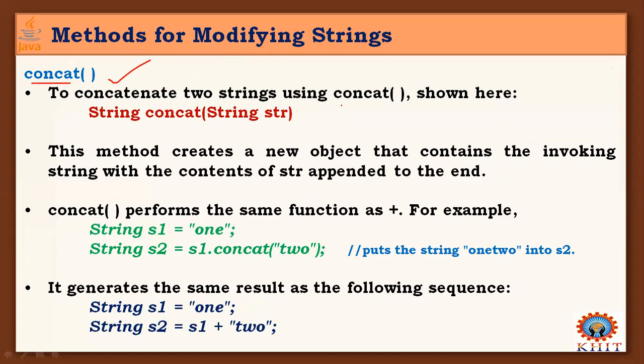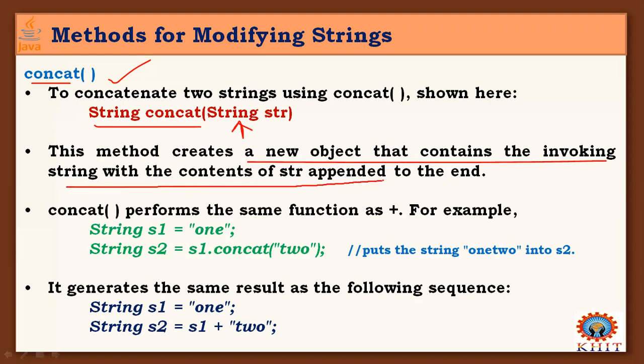To concatenate two strings using this method, this is the general form, and we can call it on any object and pass another string object to concatenate. This method creates a new object that contains the invoking string with str appended to the end. This is a very important point to understand. So here, for example, consider this one.